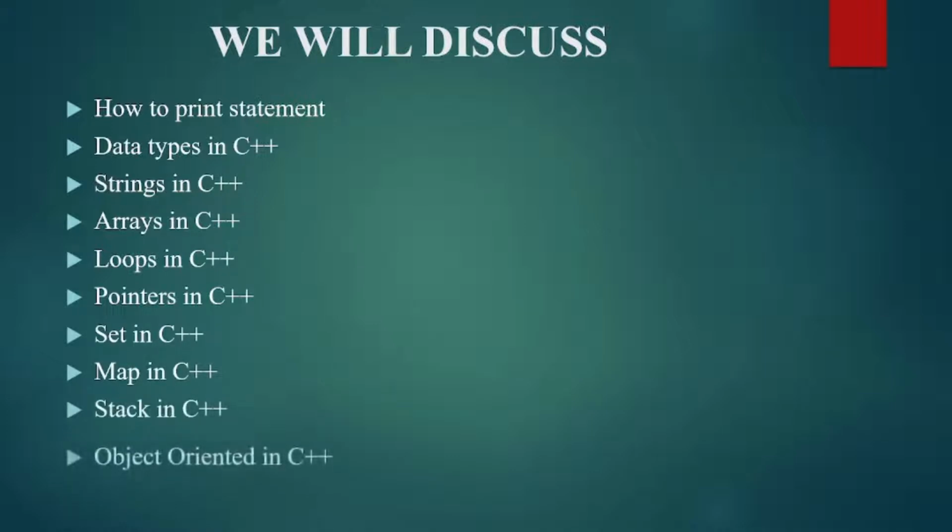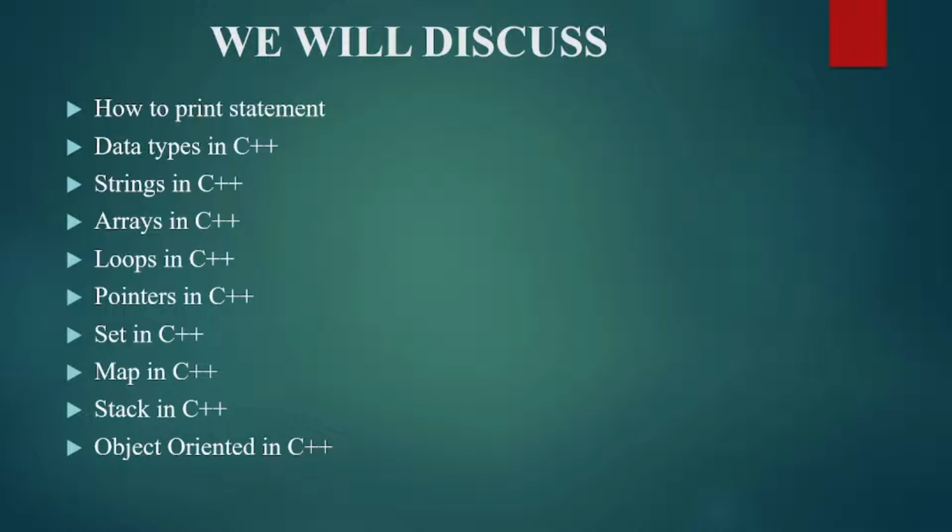And after that our main focus will be on object-oriented topics in C++, because in every language object-oriented is the main part. So if object-oriented is our main topic, then why do we have to study the other things like loops, arrays, strings? That is a question.